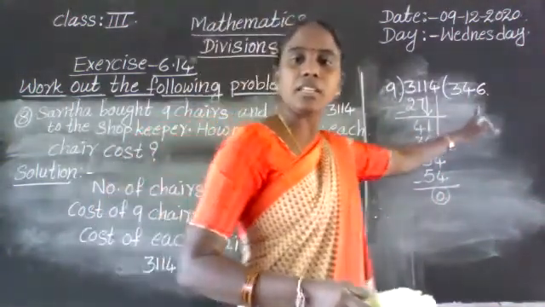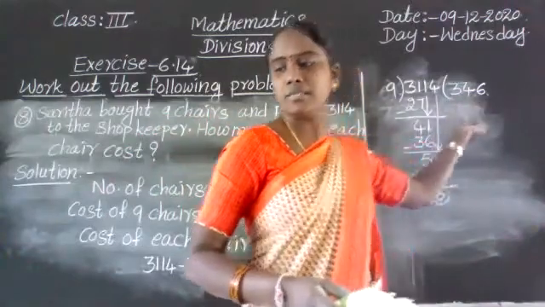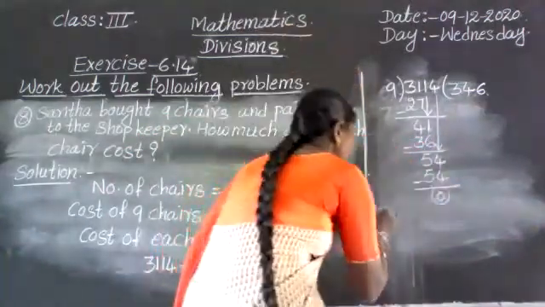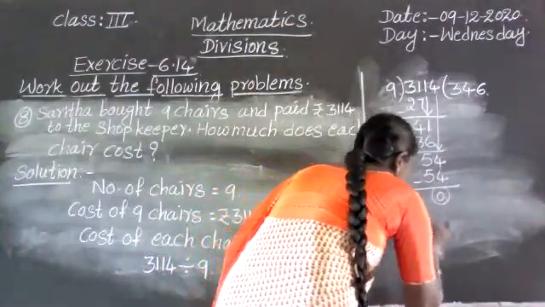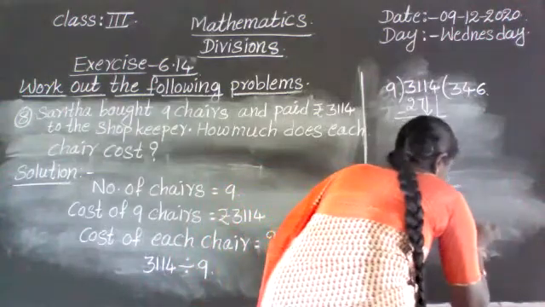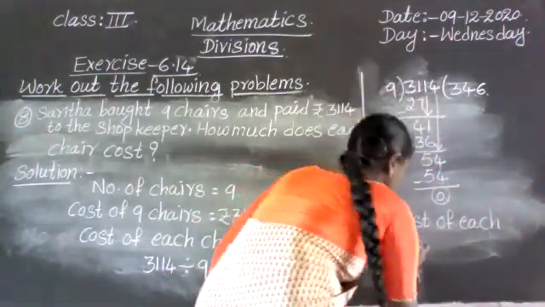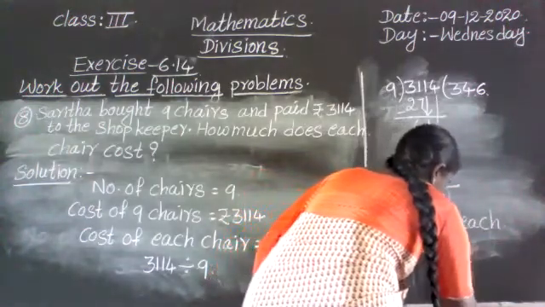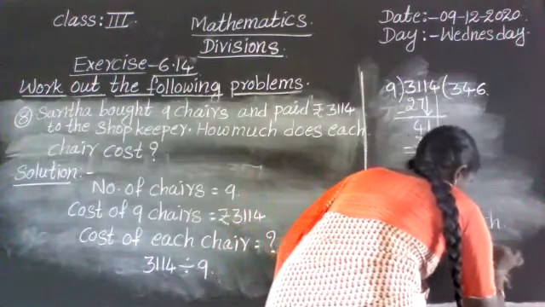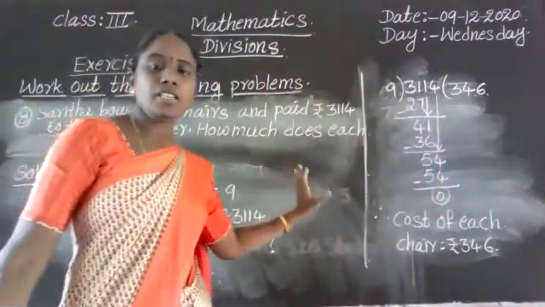The cost of each chair is rupees 346. Right, last confirmation, last answer. Cost of each chair is 346 rupees. Okay? Did you understand, children?